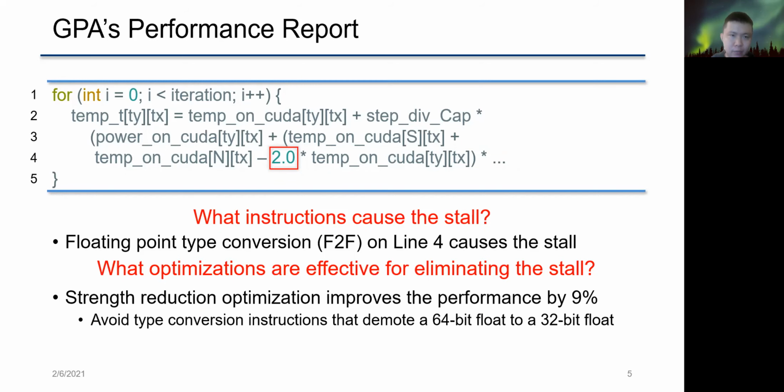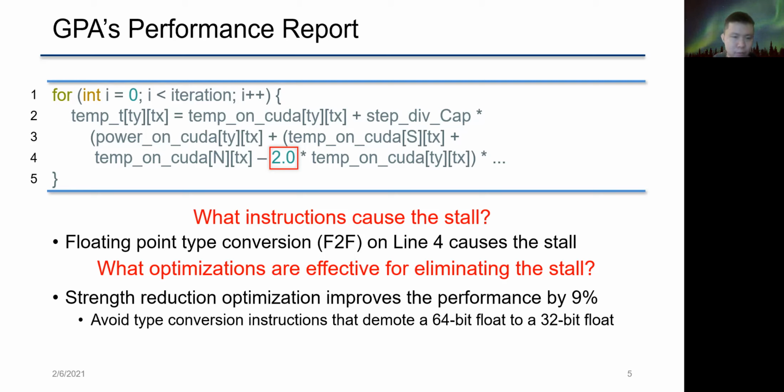In contrast, GPA's performance report provides comprehensive information regarding how to transform the program to improve performance. GPA analyzes the program's source code, assembly instructions, and stalls to derive that on line 4, floating point type conversion instructions cause the stall. Regarding what optimizations are effective for eliminating the stall, GPA suggests that we can apply strength reduction optimization to improve the performance by 9%.